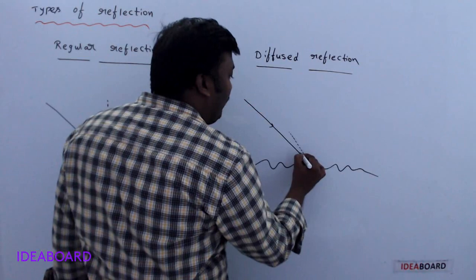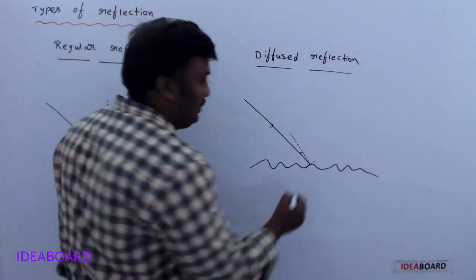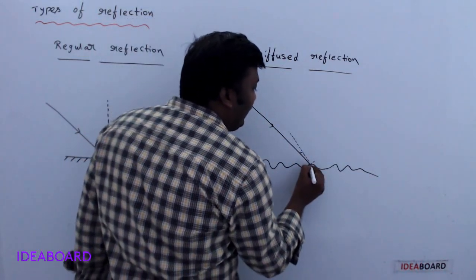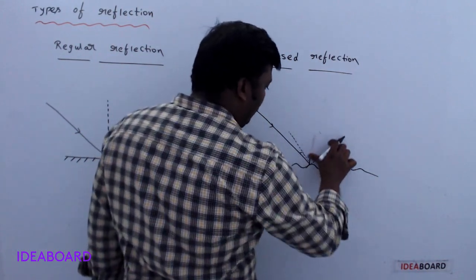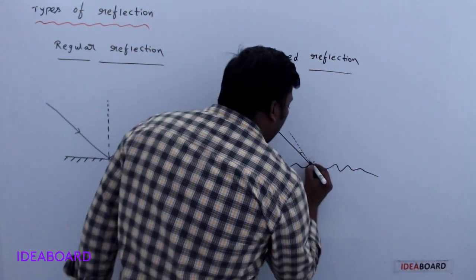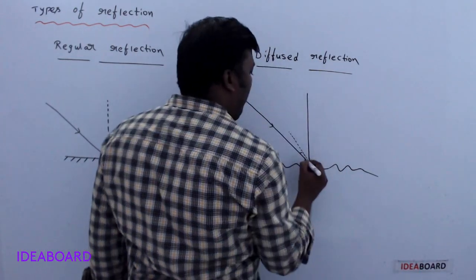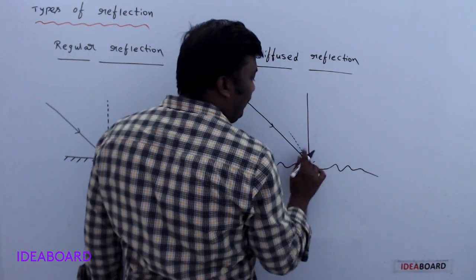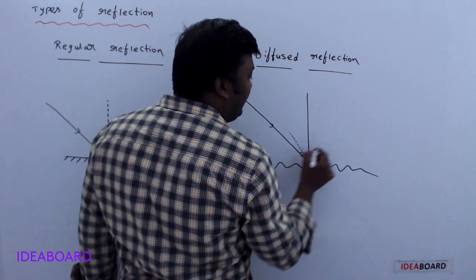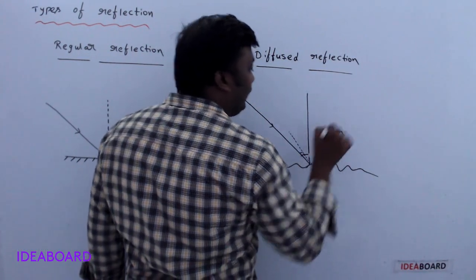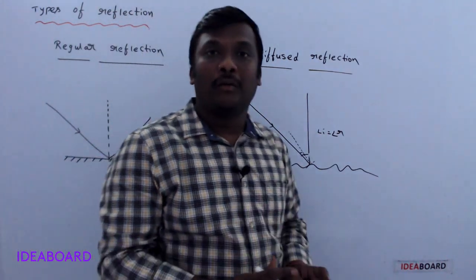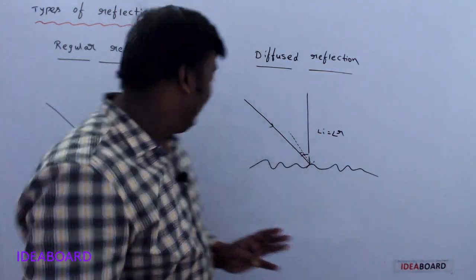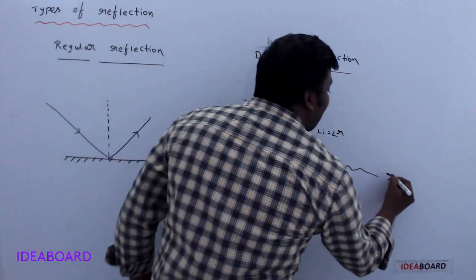We know angle of incidence is equal to the angle of reflection. That's why this ray will be reflected like this. Here angle I is equal to angle R. Both laws of reflection should be followed for any reflecting surface, whether it is smooth or whether it is rough.